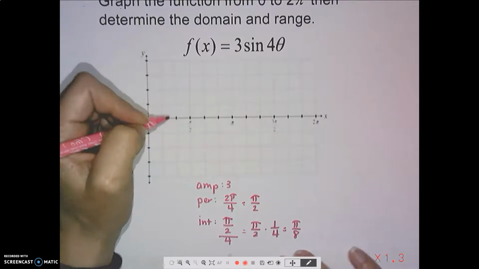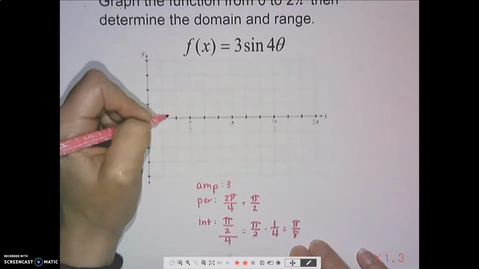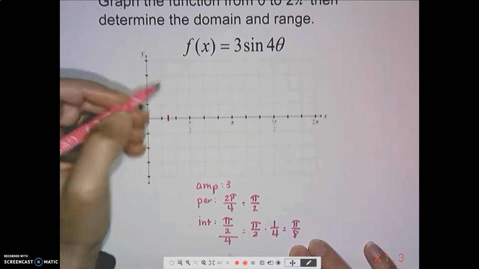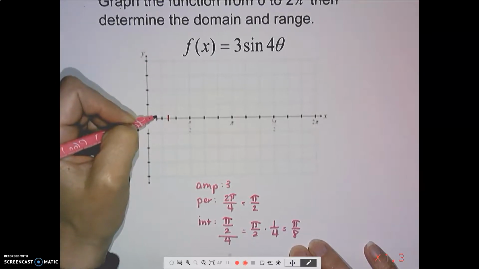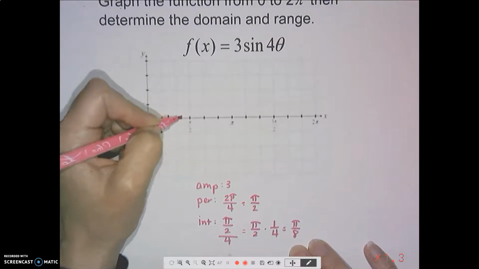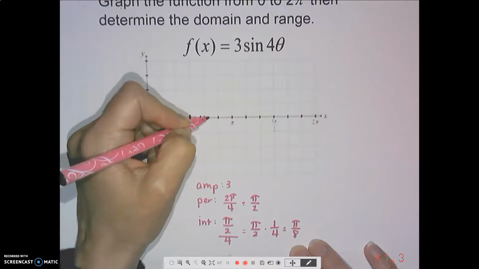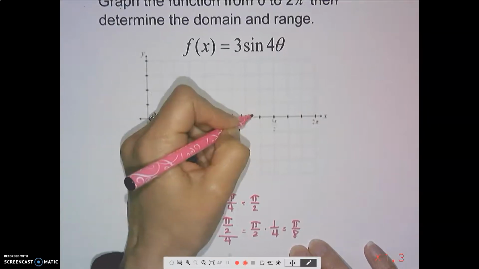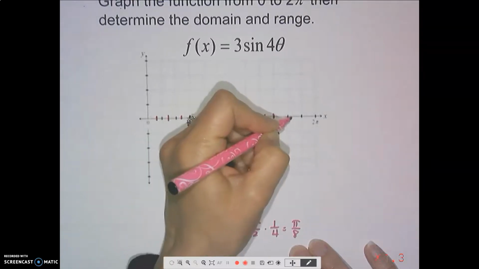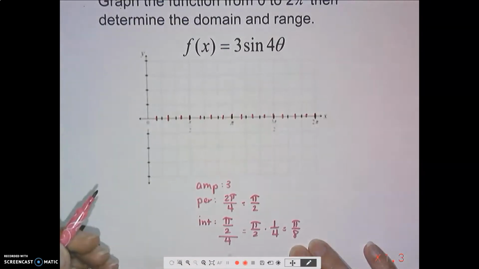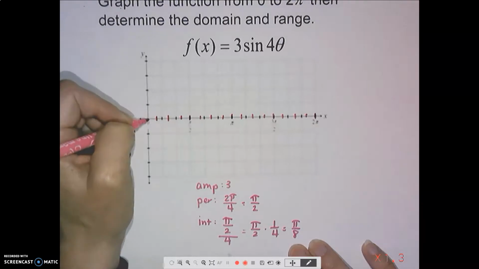Okay, so we know that pi over 4 is every 1.5 spaces, so about every 3/4 of a space, we're going to be marking something. Okay, so there are going to be a lot of tick marks happening here. All right, so every one of those marks, we're going to be marking something here because of that pi over 8.